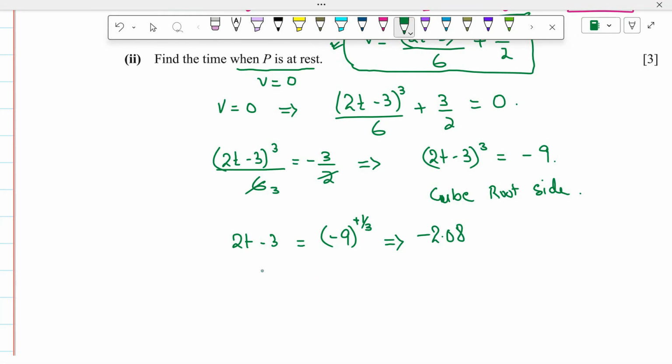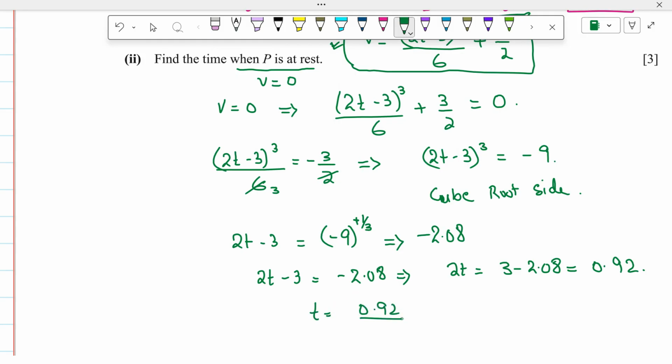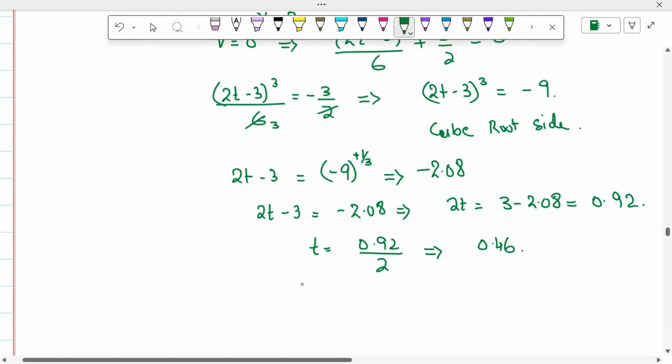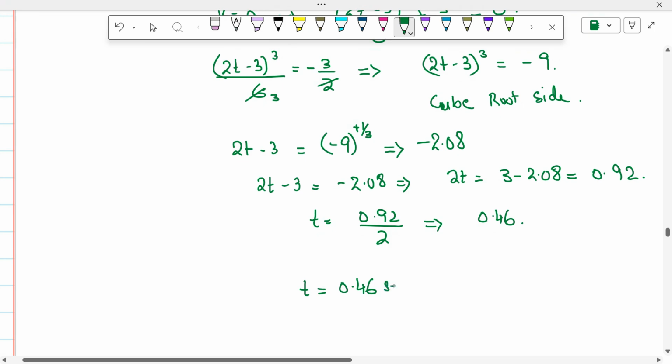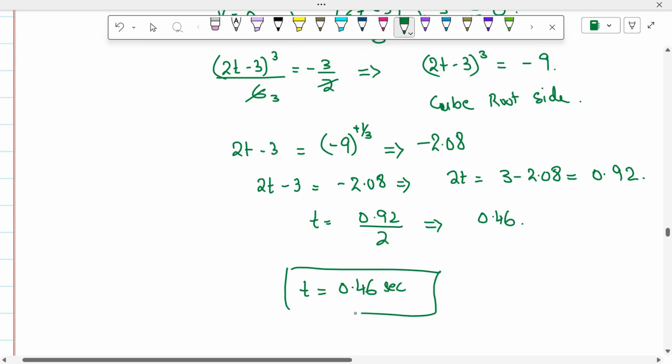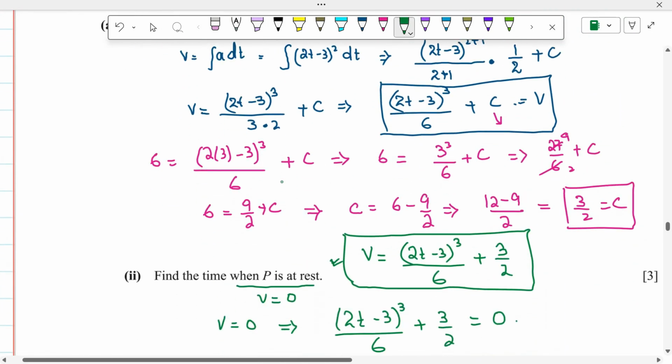So further solving, we will have 2t - 3 equal to -2.08, and this means 2t equals 3 - 2.08, which is equal to 0.92. So t is equal to 0.92 over 2, and this is equal to 0.46. So we have calculated the time, 0.46 seconds, when the velocity of particle P is 0.